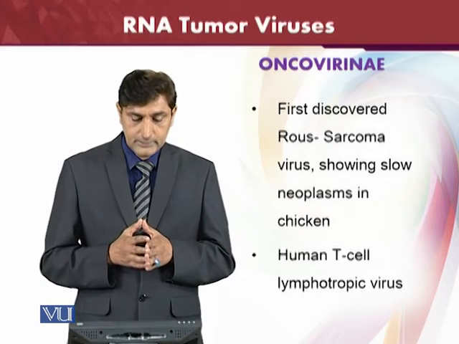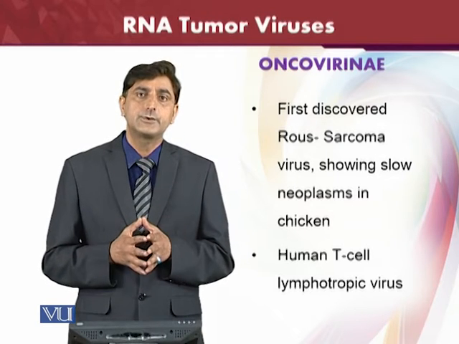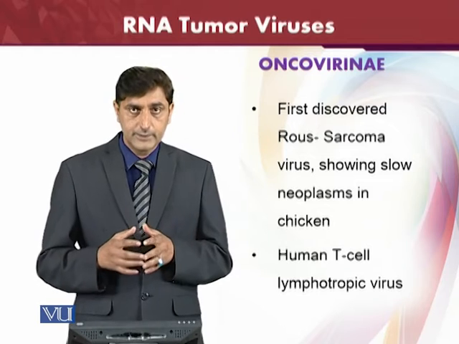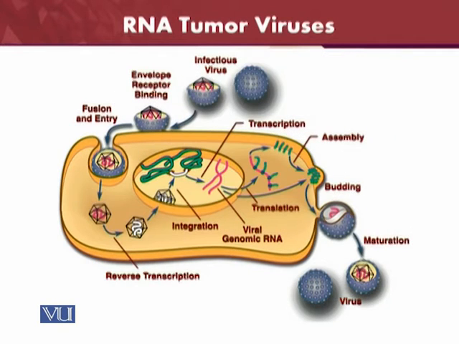The human T cell lymphotropic virus is also an oncovirine. Here are the oncoviruses, the RNA tumor oncoviruses. This is their function and their structure, the morphology, and how they are capable of replicating inside the body.